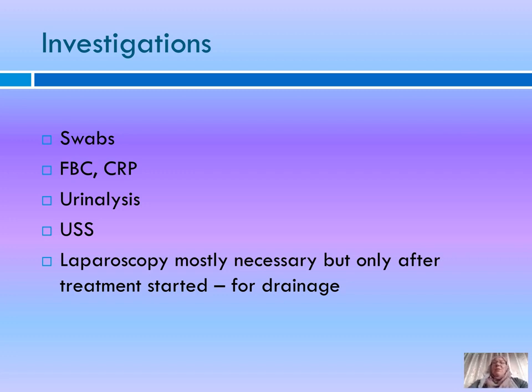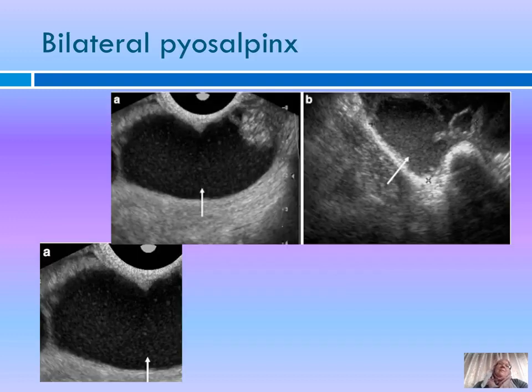Her diagnosis is, of course, pelvic inflammatory disease. This is what you suspect. You have to do swabs, a full blood count and CRP, urinalysis, and also an ultrasound scan has to be done. But a laparoscopy will only be necessary if she does not respond to the treatment. So the transvaginal ultrasound scan shows these pictures, which represent bilateral pyosalpinx.